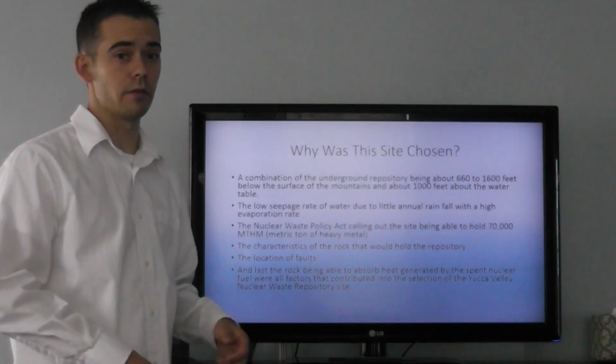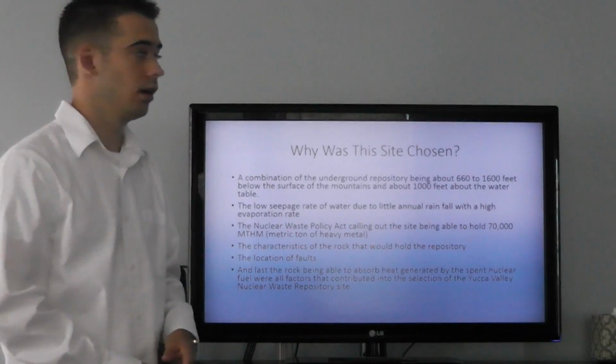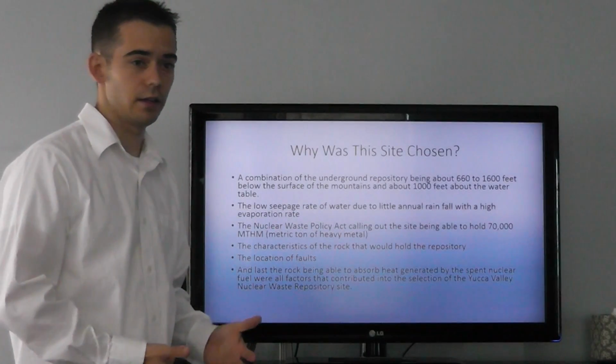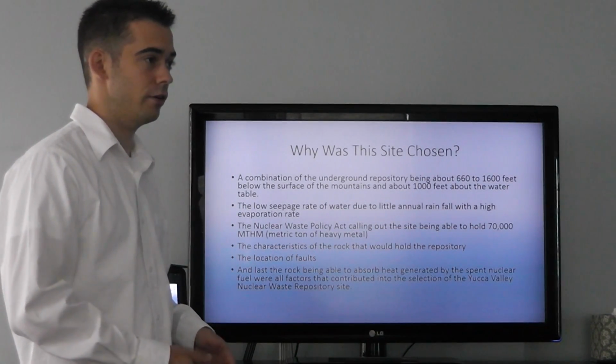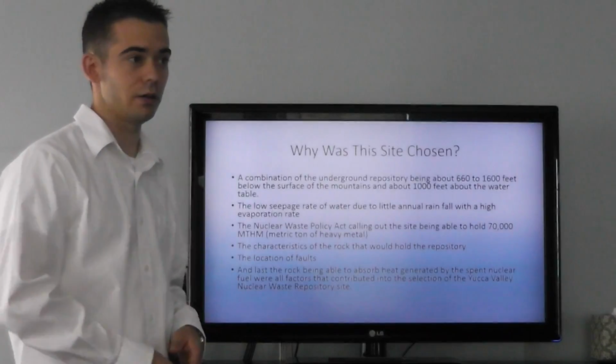Alright, so why was this site chosen? Well, many different aspects went into it. First thing is how the actual mountain is laid out.